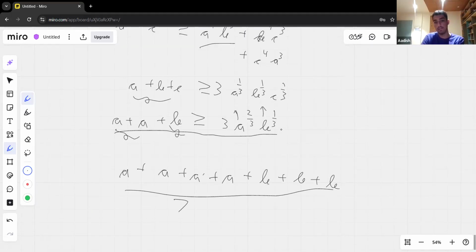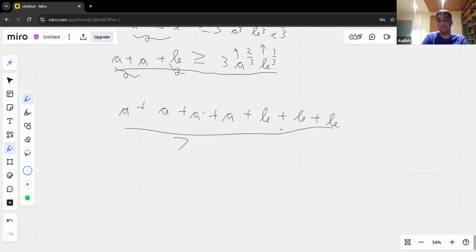We are applying AM-GM for 7 variables, and this will be greater than or equal to A times A times A times A times B times B times B, to the 1 by 7. Correct?